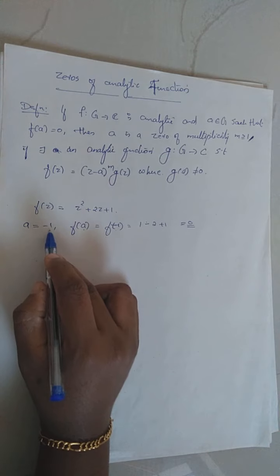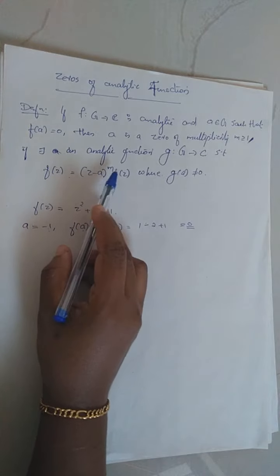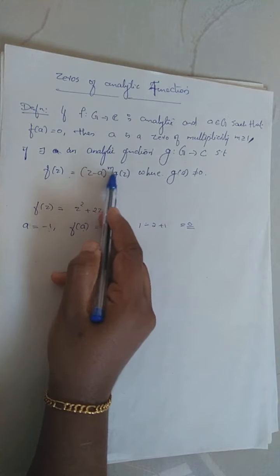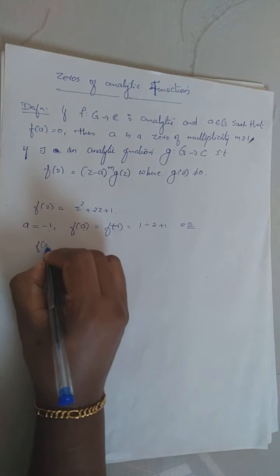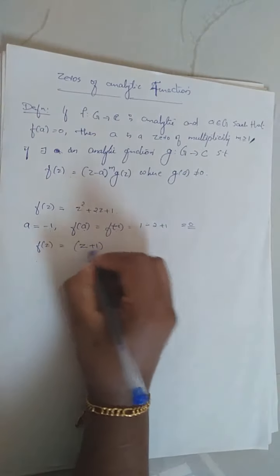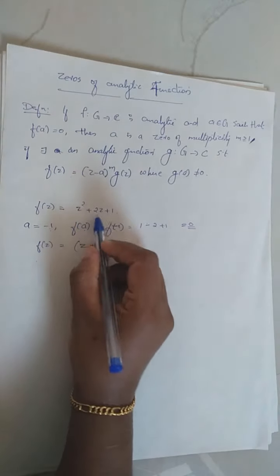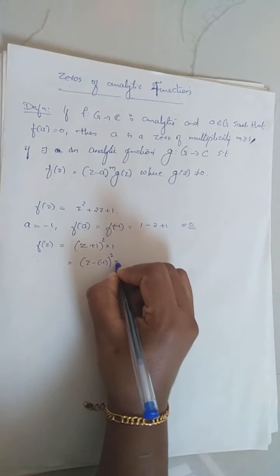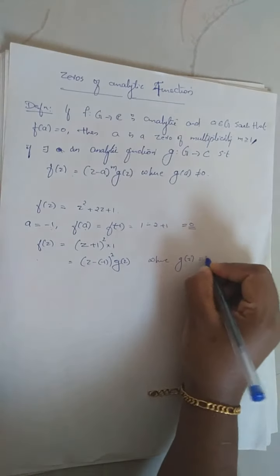a equal to minus 1 is a zero of the analytic function f(z). And what about its multiplicity? Its multiplicity is defined as follows: when f(z) can be written as (z minus a) raised to m times another function g(z), where g(a) is non-zero, then this power m is called the multiplicity of the zero a. For example, here f(z) can be written as (z plus 1) squared into 1, which is z squared plus 2z plus 1, right? So this is nothing but (z minus a) squared times g(z), where g(z) is the constant function 1.